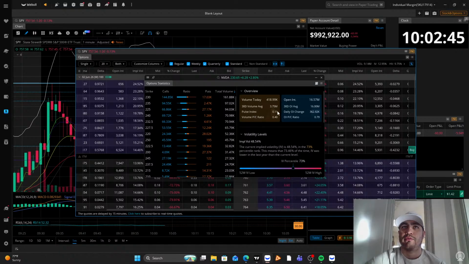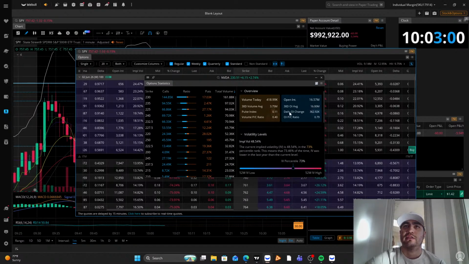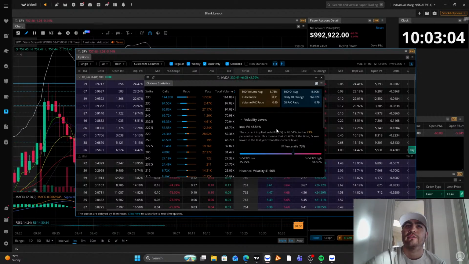Put-call index 0.11, volume PC ratio 0.40, open interest 16 million, so about 17 million. Then the 30-day open interest average 16 million, daily open interest change, open interest PC ratio.